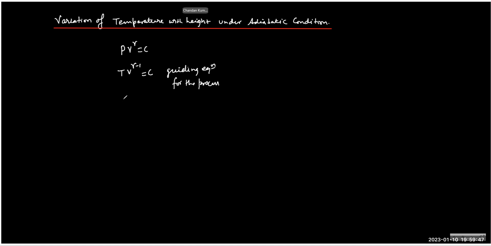First of all, you have to differentiate to get a differential equation. The way of writing is dT by T, the fractional value of T, plus the power gets multiplied with dV by V, equals 0. For every mathematical relation in which we have only product, division or power, the way to differentiate is: don't differentiate, rather write the fraction, and if you see some power, multiply with the power.